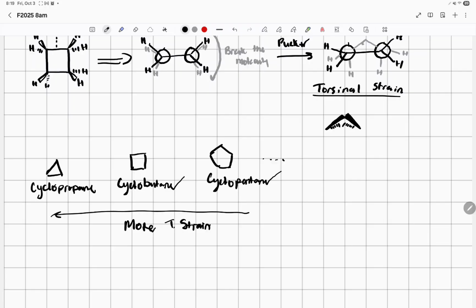Could you repeat that part about the torsional strain again and how removing atoms from rings reduces that? Yeah, so the more atoms we have in our ring, the larger our ring, the less torsional strain there is, and the more stable our ring can be. The fewer atoms we have in our ring, the more unstable it's going to be, and the more torsional strain there will be.